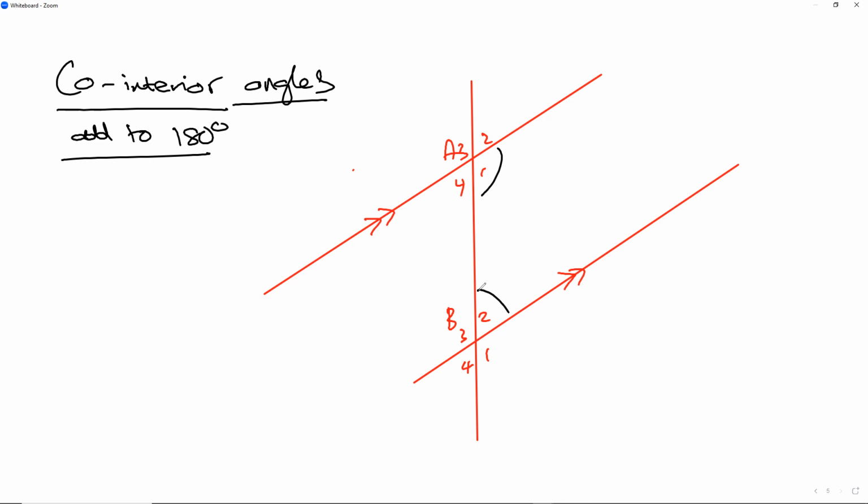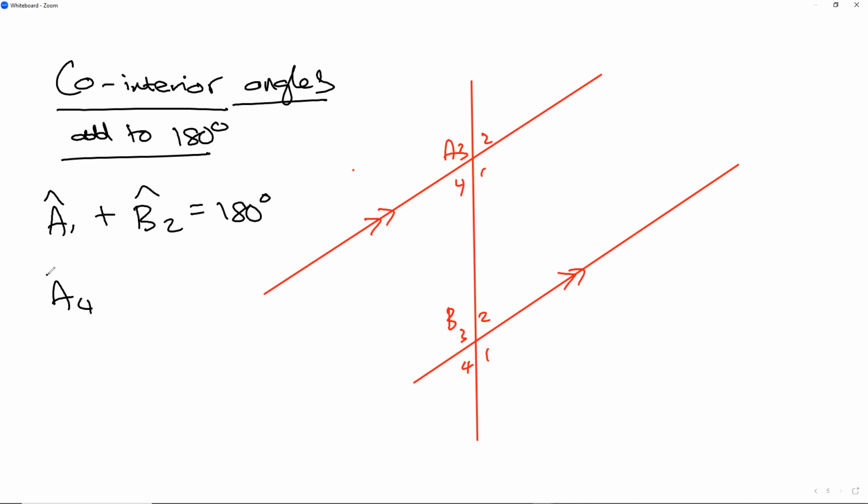So A1 and B2, A4 and B3, all right, I just said it doesn't add, and I just said it adds to 180 and I put it as equal. A1 plus B2 equals 180 degrees.